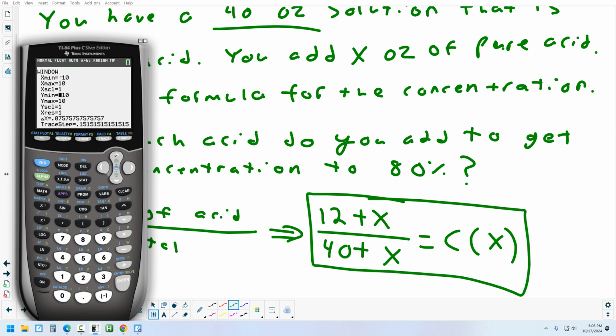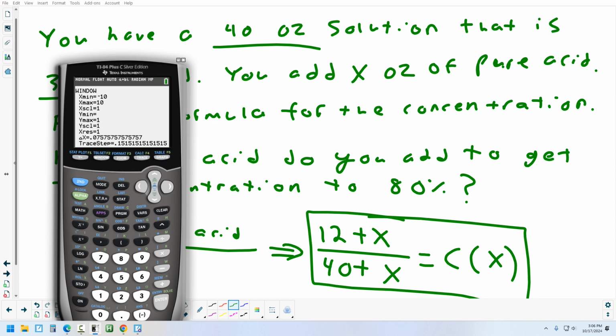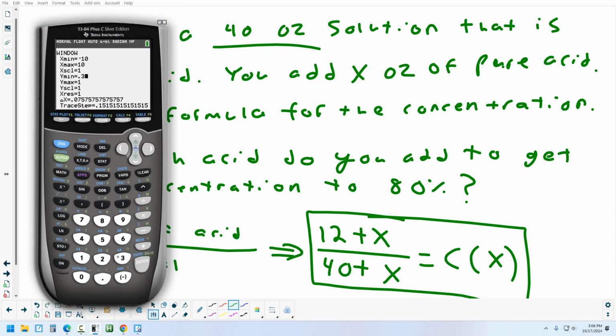And in this problem, the concentration really can't go any lower than what percentage? 0.3, because that's what the concentration is starting at. If we don't pour in any acid, it will stay the same. If we pour in some, it'll get higher.